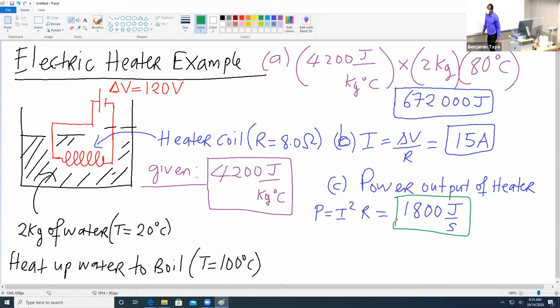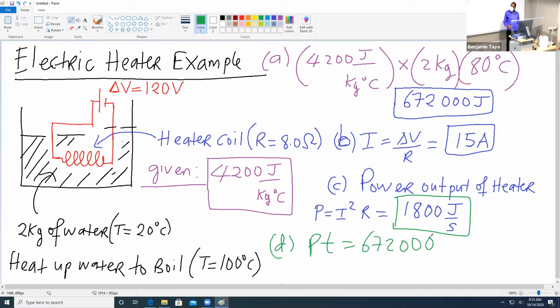So if my heater is supplying 1800 joules for every second, how long is it going to take to supply 672,000 joules of energy? I can do that calculation, right? So for part B, you just say power times time must equal 672,000.